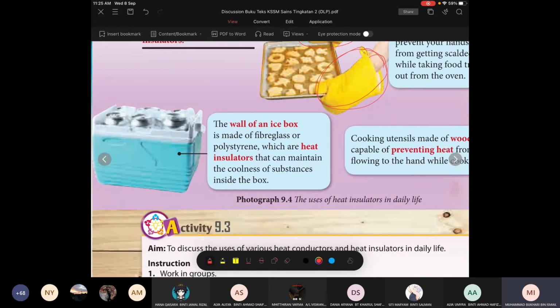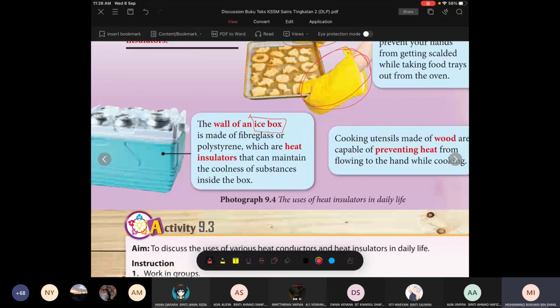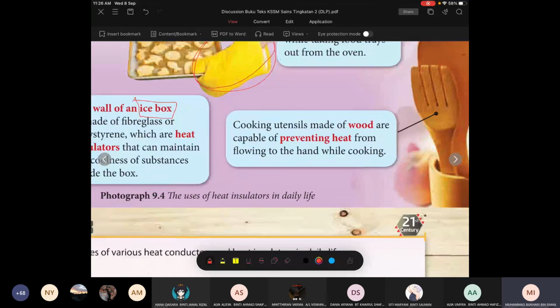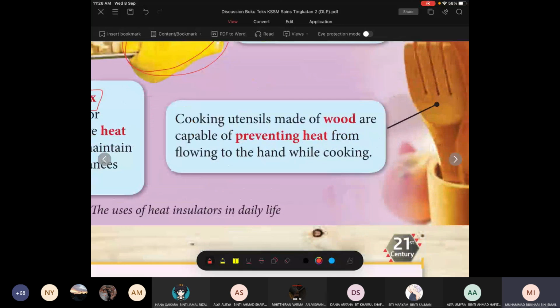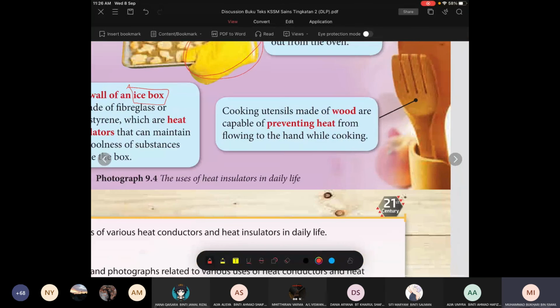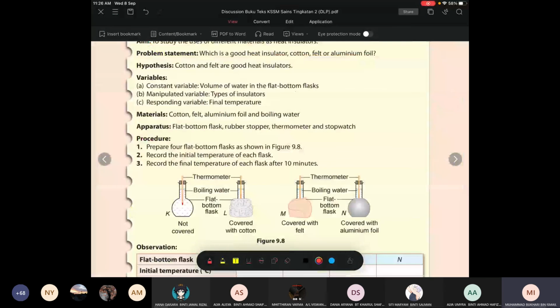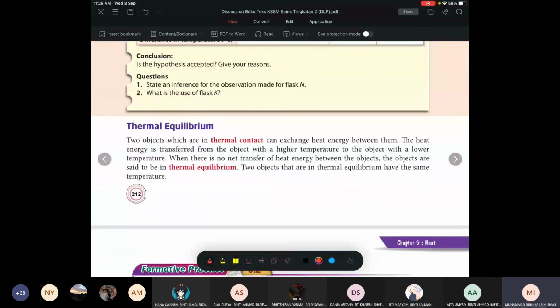And then the ice box is also a bad conductor. So heat from outside cannot be transferred into the ice or any cold drink in the ice box. Cooking utensils made of wood are capable of preventing heat from flowing to the hand while cooking. That is an example of a heat insulator.